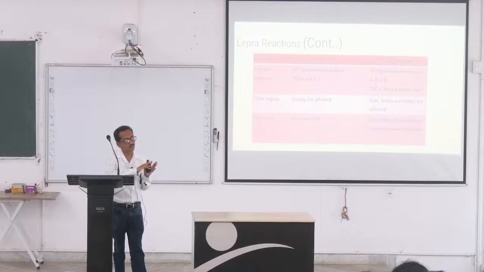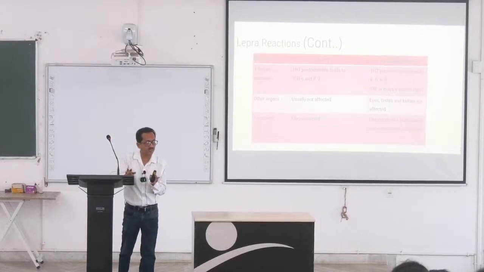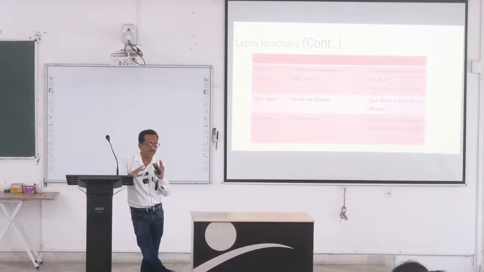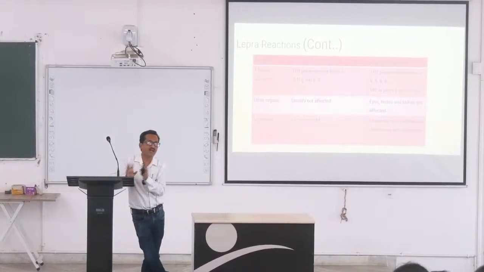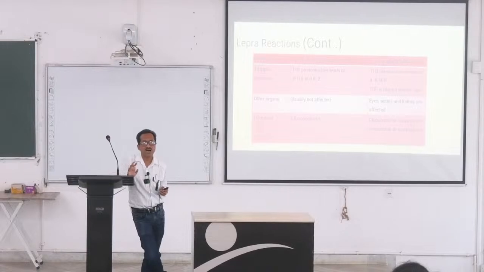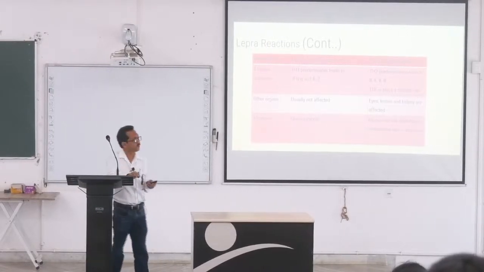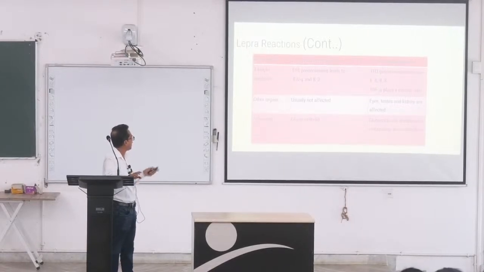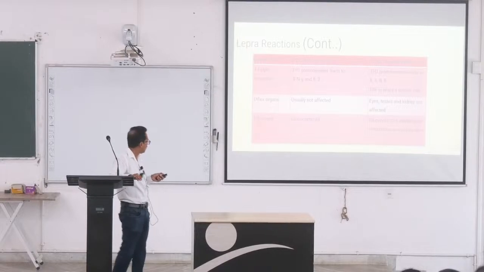So that leads to an increase in the inflammation. If you go to the pathogenesis of any fever, there will be a rise in these 3 interleukins. 1, 6, 12 are inflammatory interleukins. So here in lepra type 1 reaction, that is an inflammatory reaction, there is interferon gamma and an increase in interleukin 2.